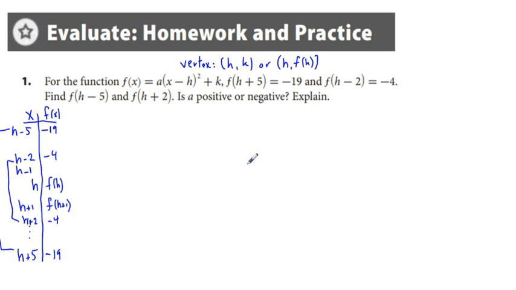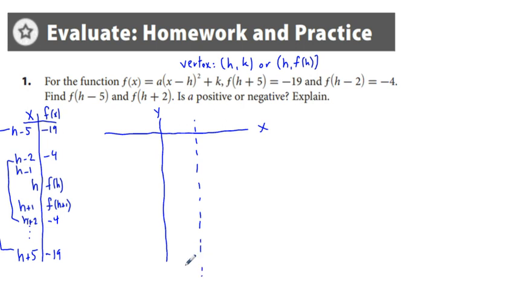And so what this looks like when we graph it is this. We have an xy coordinate plane, and we're going to have a vertical line here, which is the equation x equals h.